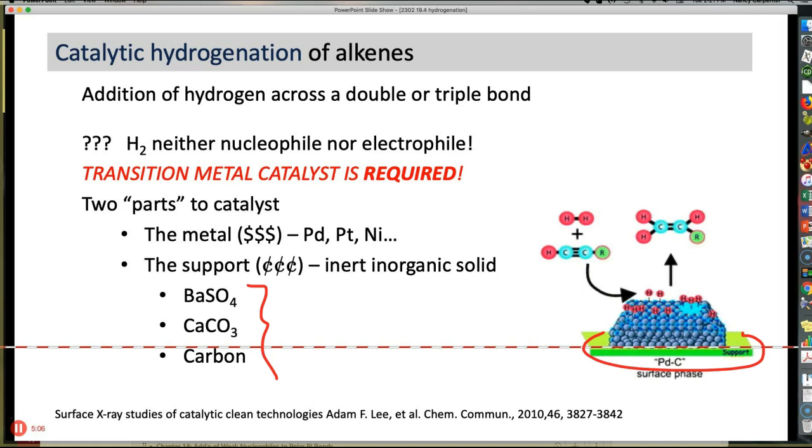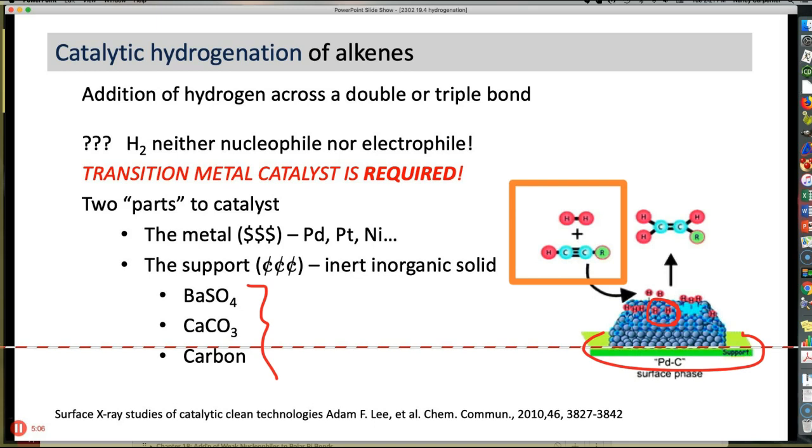And then what happens, and this is as close to a mechanism as you're going to get in this class, your alkyne or your alkene will settle onto the surface of the transition metal, as will the hydrogen. I don't think you can really see this, but there's a good picture in your book too. The hydrogen coats the surface, and then the alkyne or alkene coats the surface.